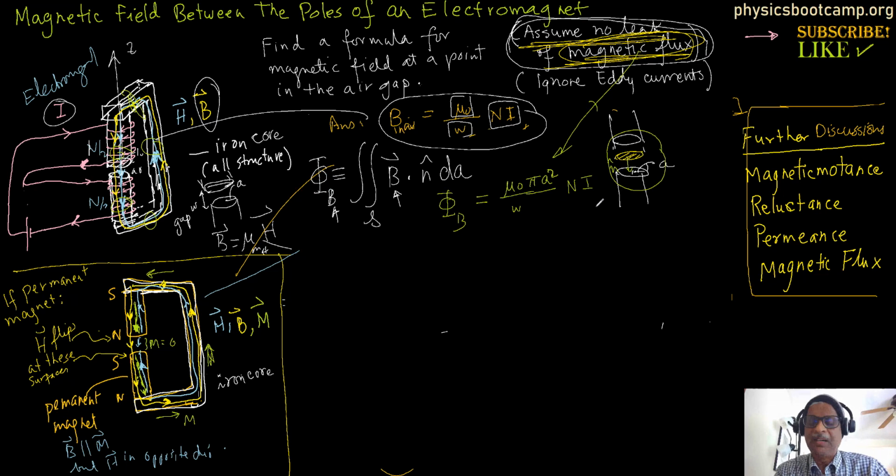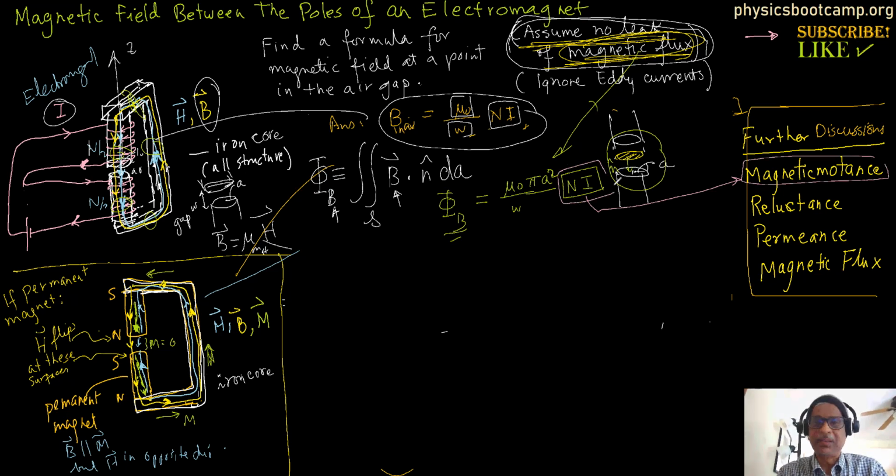This is the total current that the flux is built from, right? This flux is built from this total current in each loop, so the number of loops comes with it. This quantity here is what is called magnetomotance.